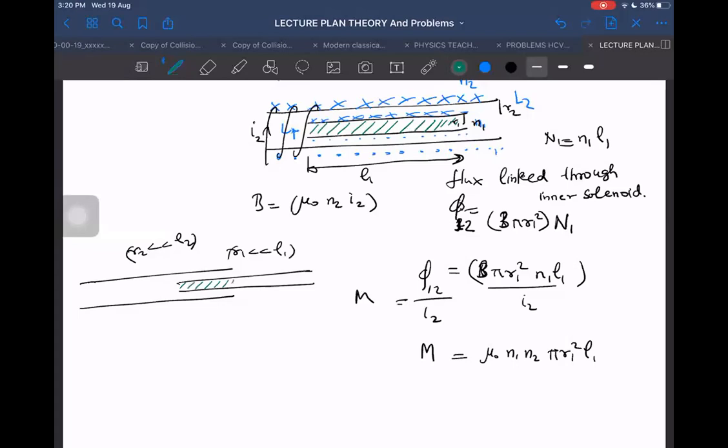Then we will get the answer in exactly the same way. M is equal to mu naught into N1 into N2 into this volume of overlap, whatever this volume is.